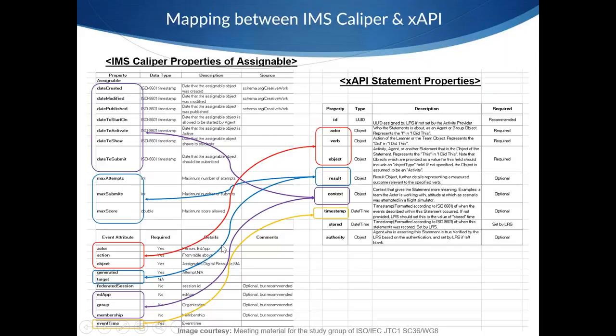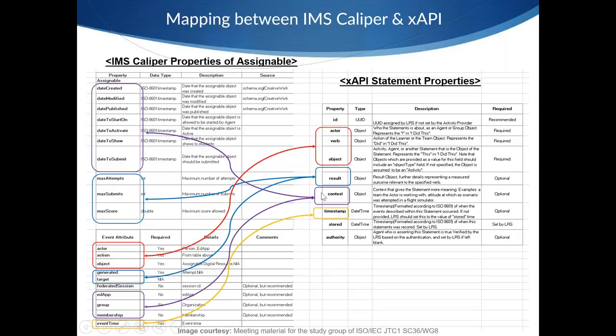And this is one of my favorites, where it clearly says what happens in xAPI and what happens in IMS Caliper. On the right-hand side we have the actor, verb, object, result, context, and timestamp. This is a typical xAPI statement. On the left-hand side we can see Caliper, and I just picked the assignable. Here we see how these different properties map to xAPI.